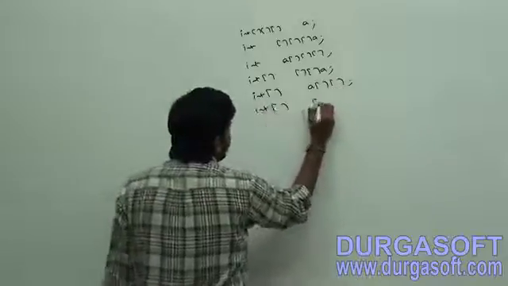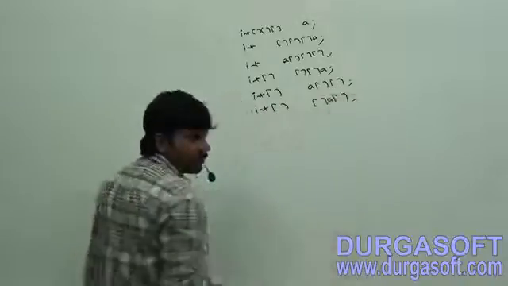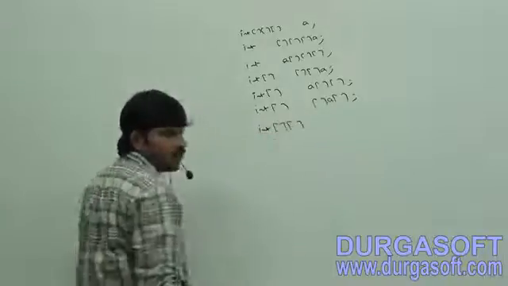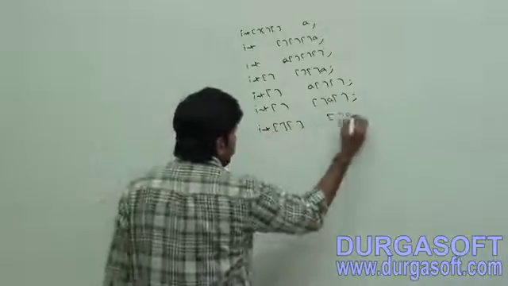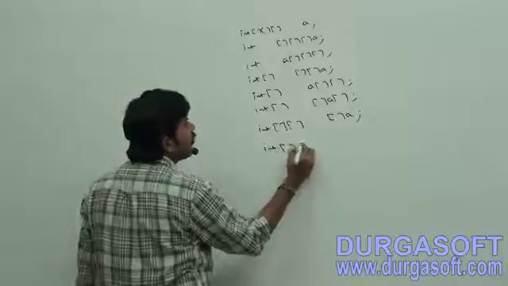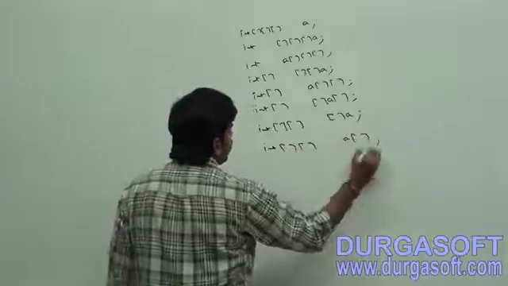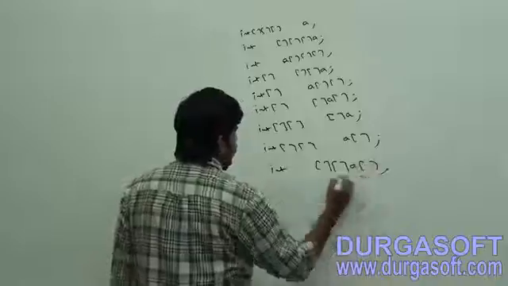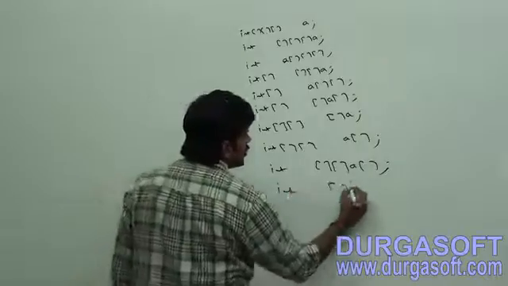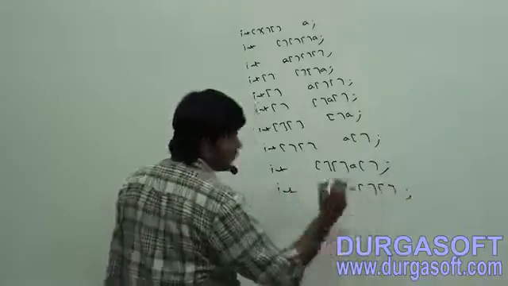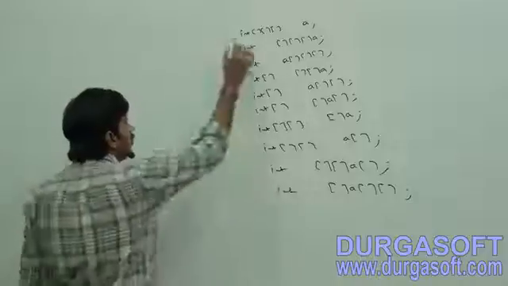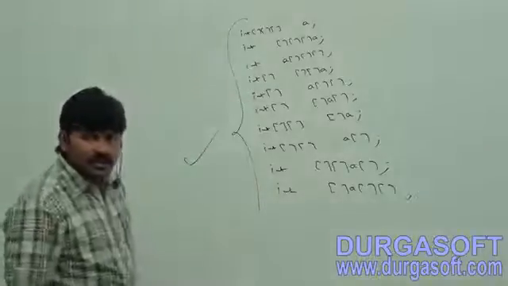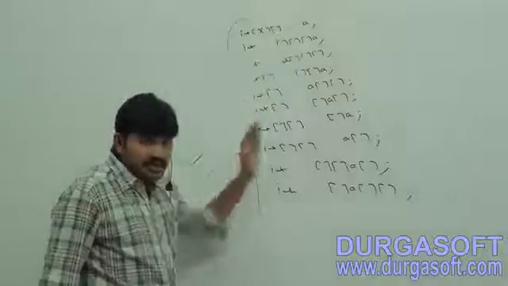Int 1 dimension here, 1 dimension here, 1 dimension here, valid. Int 2 dimension here and 1 dimension here, valid. Int 1 dimension here, 2 dimensions here, valid. Are you getting it? All these things are perfectly valid, no problem. So a 3-dimensional array we can declare in these many styles.